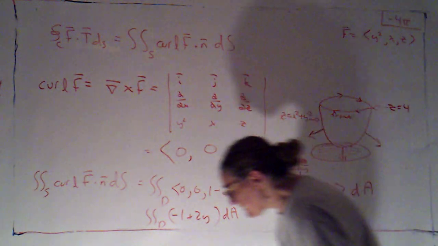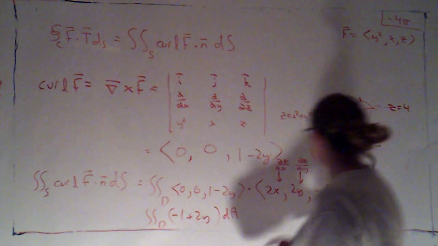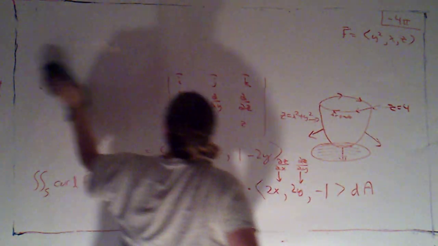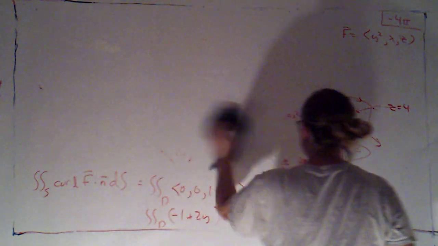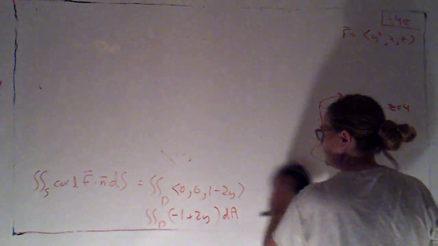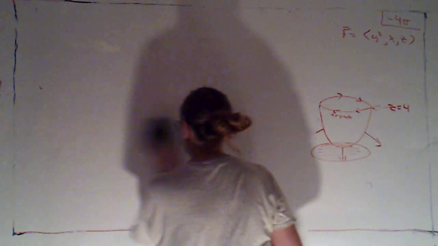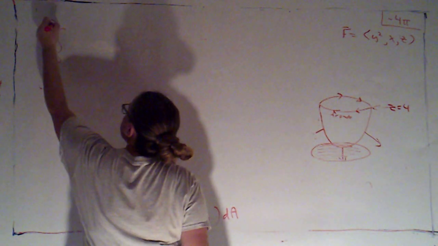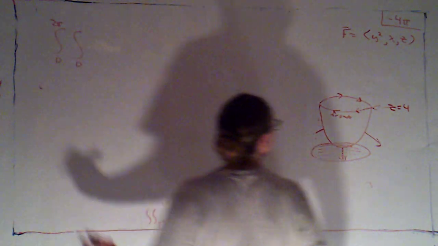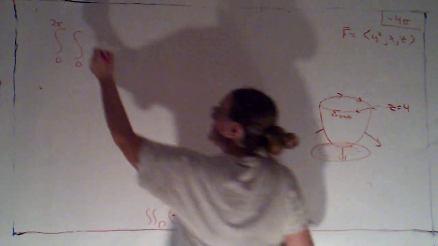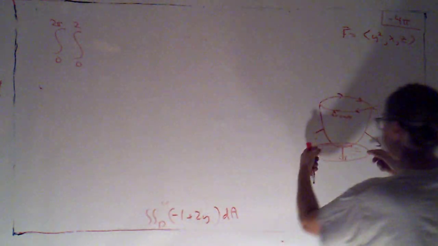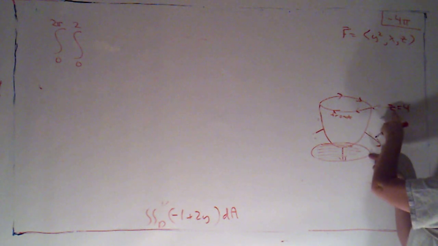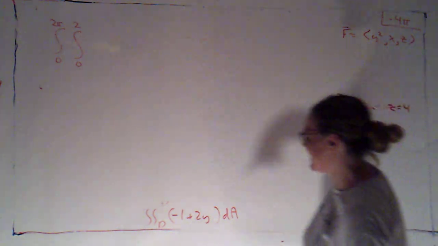Excellent. Now, since we're integrating over this disk, I think it makes sense to switch at this point to polar coordinates. So that's what I'm going to do. So in polar coordinates, we're going from 0 to 2 pi and from 0 to 2, because this was a disk of radius 2. Remember, this is where x squared plus y squared meets 4. Okay.